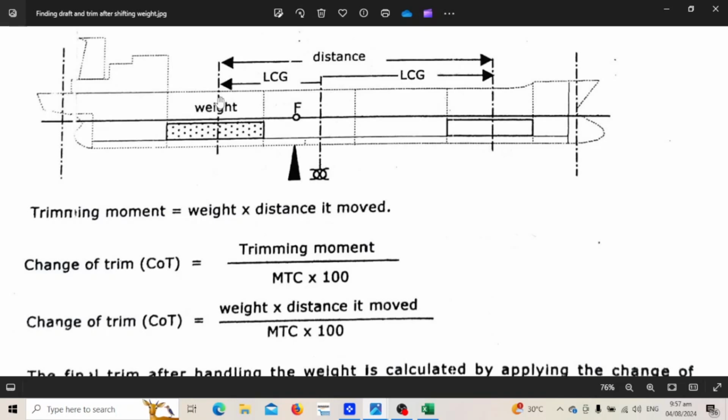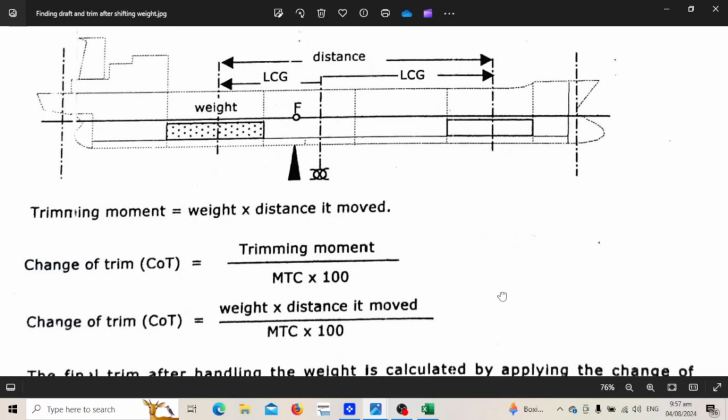So when you shift the cargo from hold number 2 to hold number 1, that will be your distance times your weight. That is your trimming moment. So to have a change of trim, you have a distance times your weight, that will be the trimming moment over MTC times 100. Then you will have a change of trim. That is what this formula says.